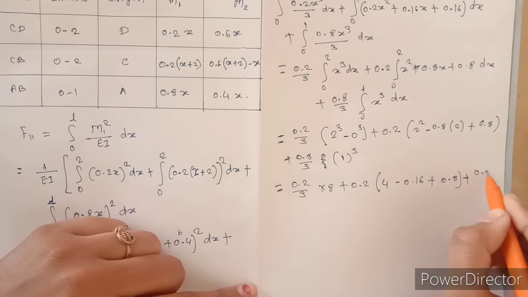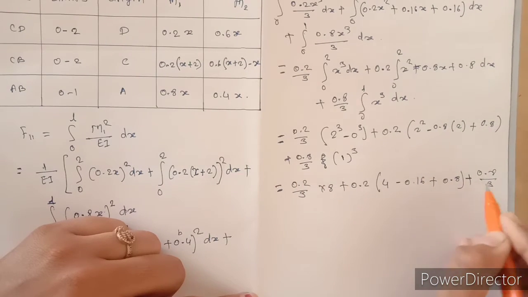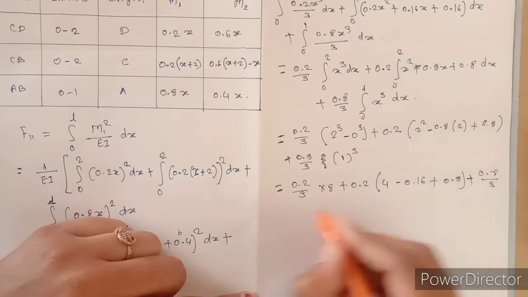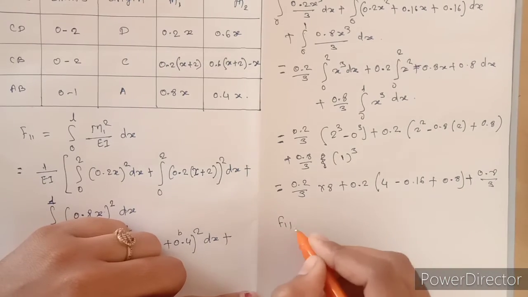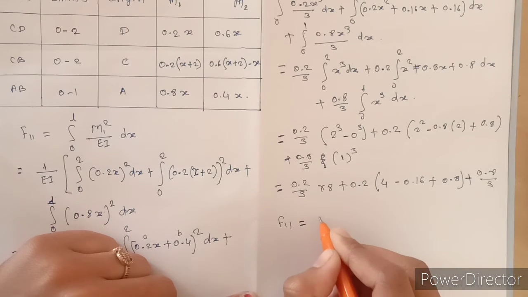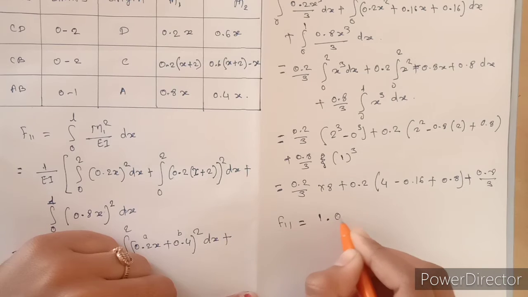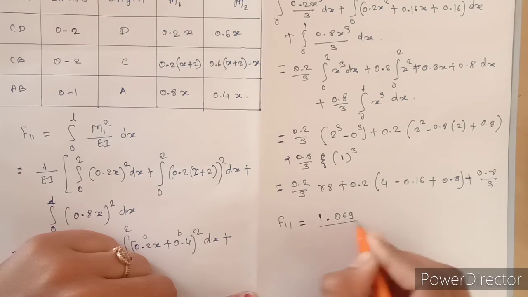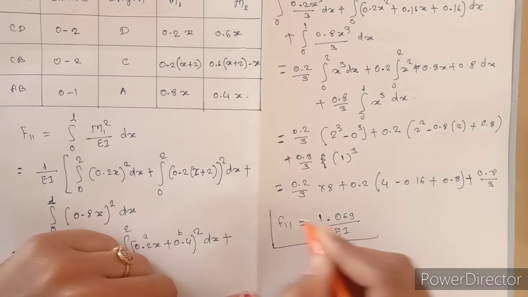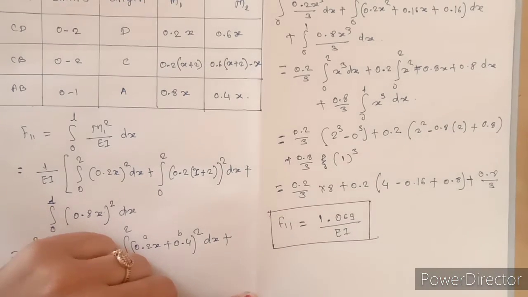So here 0.8 divided by 3. Then next, from this equation we get the f suffix 11 value. So the value is 1.069, and EI is constant. So this is our f suffix 11 value.